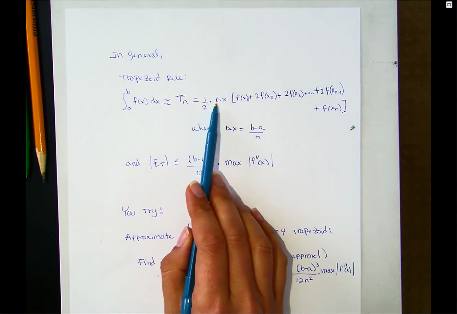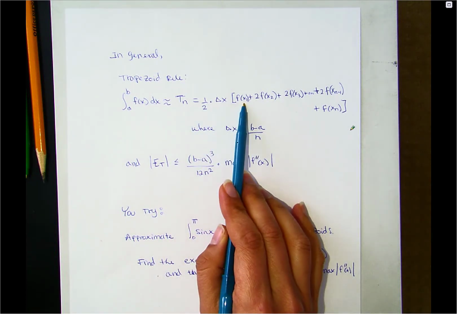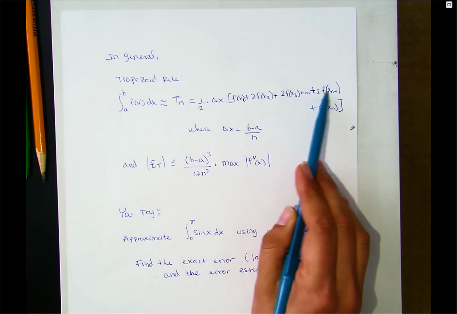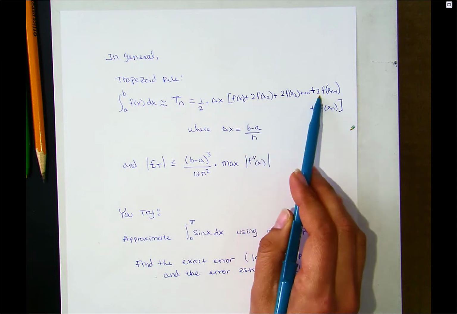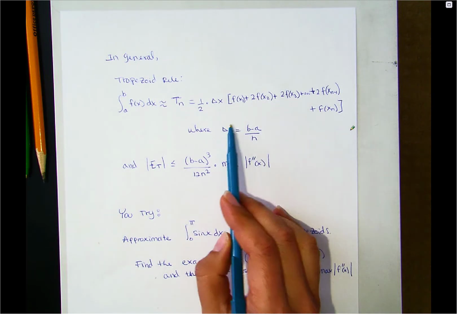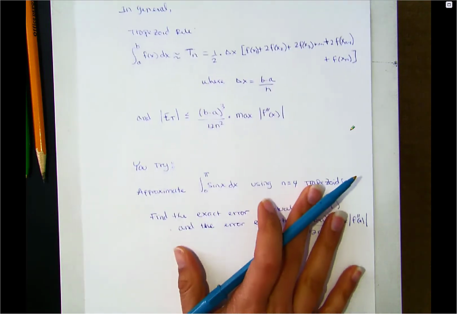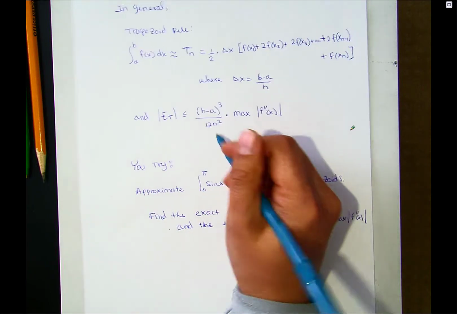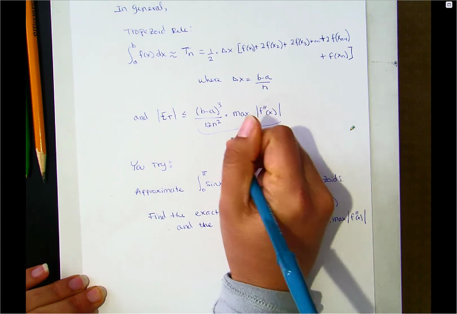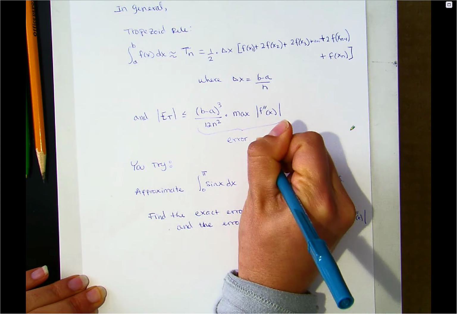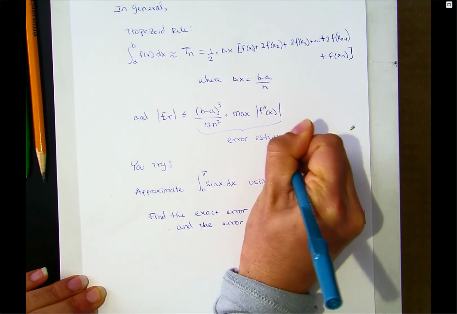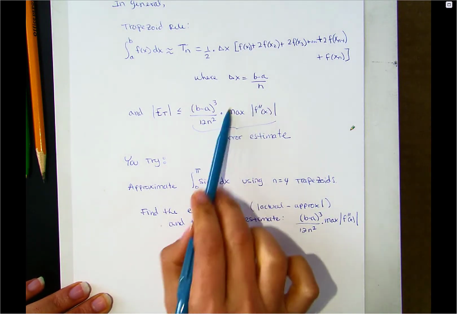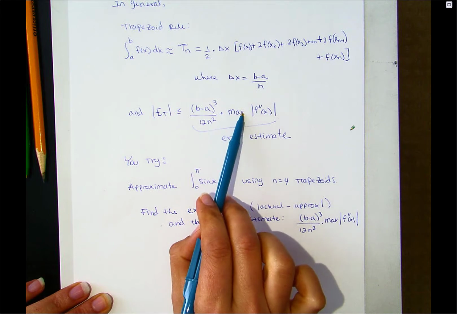So it's 1/2 times delta x times f of x1 plus 2f of x2, 2f of x3, and so on. They all have 2's except for the last one, where delta x is (b minus a) over n, and the actual error is less than the error estimate. And remember, the trickiest part is finding the maximum of the second derivative.